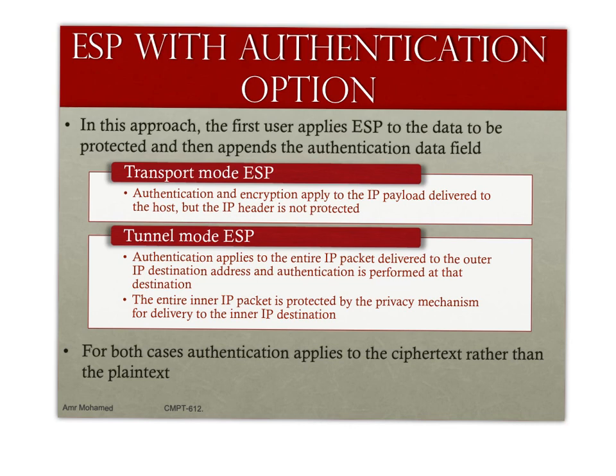So in transport mode ESP, authentication and encryption apply to the IP payload delivered to the host, but the IP header is not protected, as we said before. Although, for authentication and for calculating the digital signature, we can include parts of the IP header, as we said. But some parts of the IP header we cannot include in the digital signature, such as the time to live or the hop count, which you mentioned last time, because that changes.